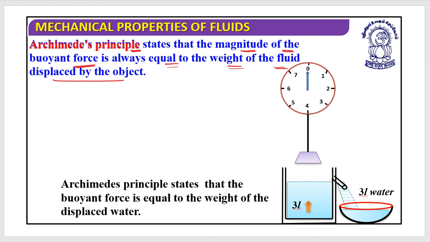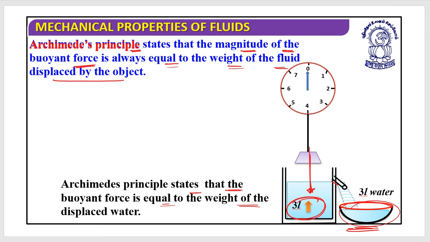Let's suppose we have dipped this block into this container, with an arrangement from which water comes out and is contained in another container. As this has been submerged, 3 liters of water has been displaced, and this 3 liters of water has been received from here.